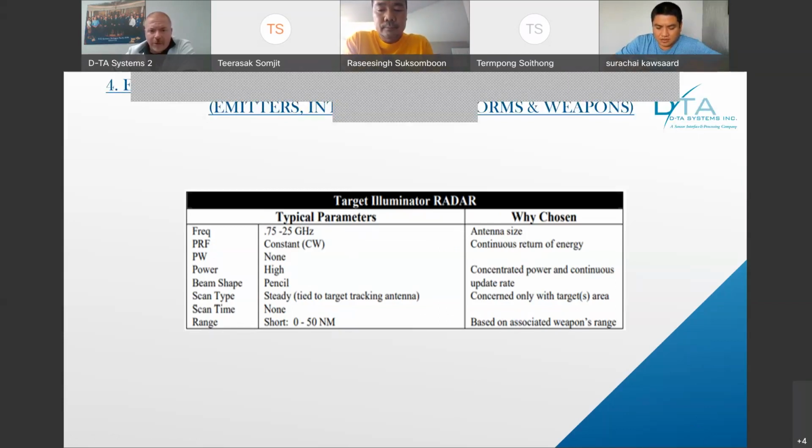The power, however, will be phenomenally high for a target illuminating radar, and it's a concentrated power with a continuous updating rate in order to light up the target for the weapon system. Your beam shape, once again, will be a pencil with a steady scan, no scan time, and a short range, roughly 50 nautical miles or less, based on the associated weapon.